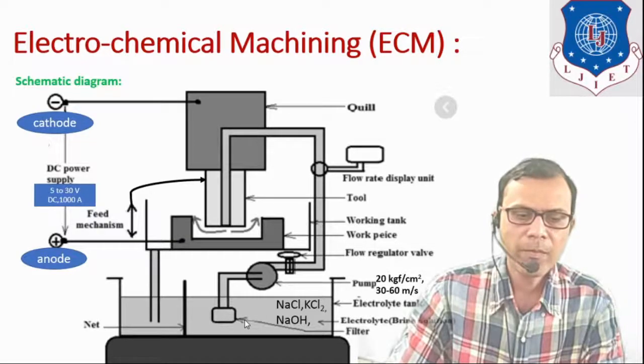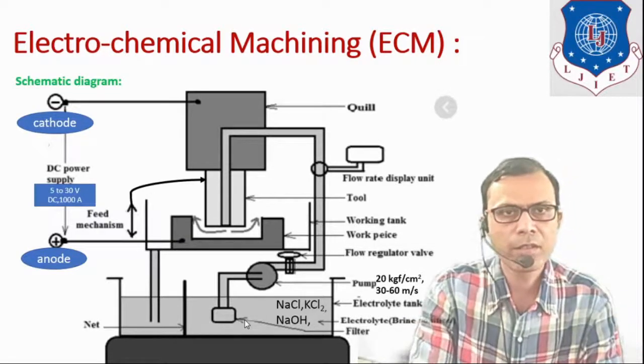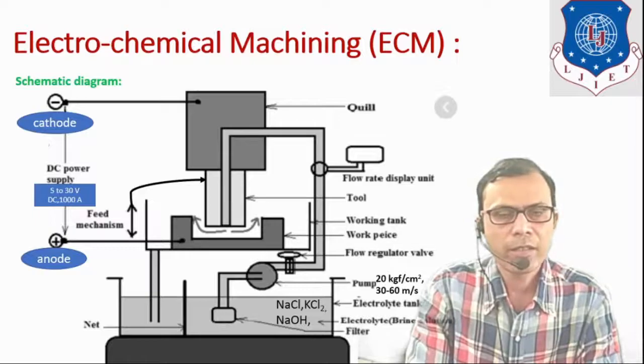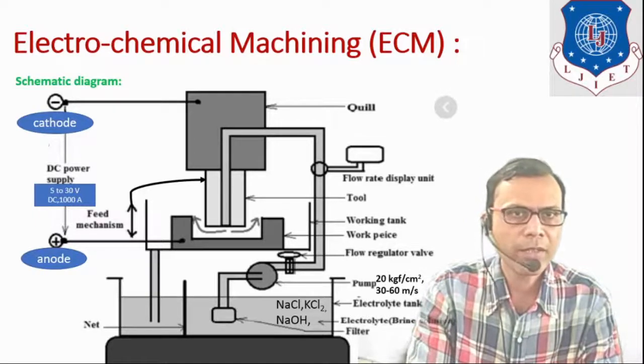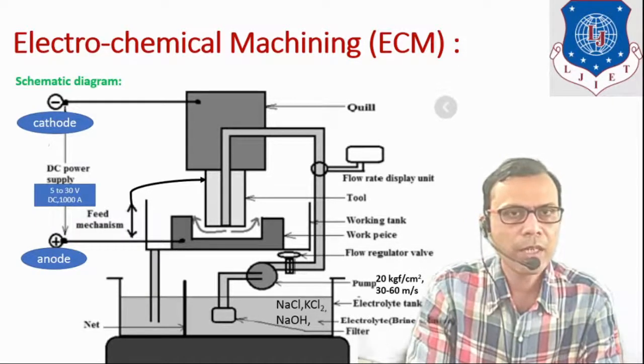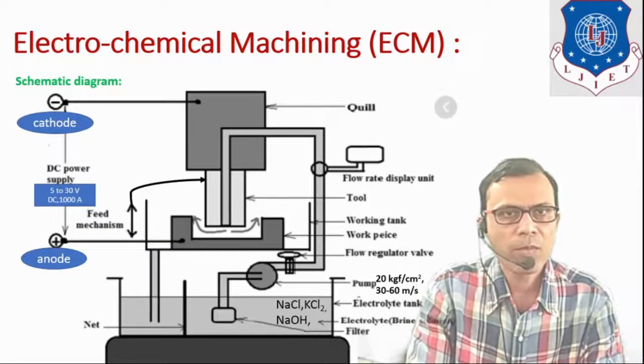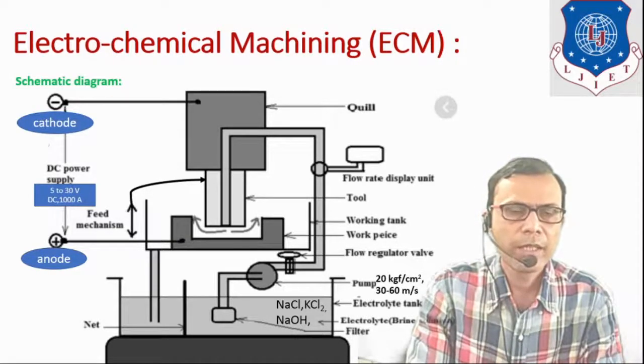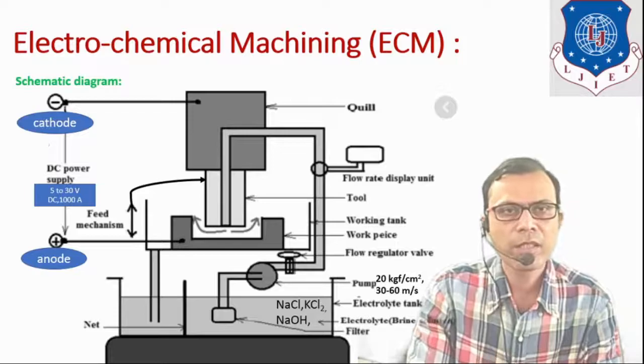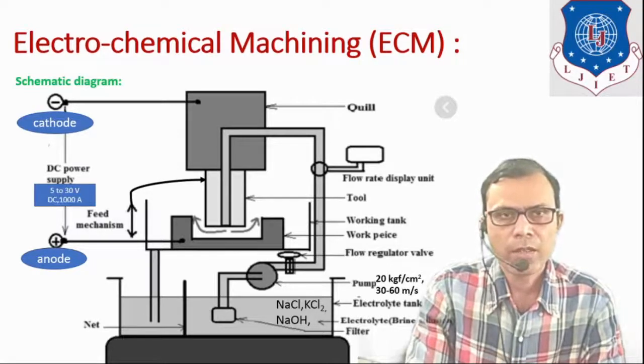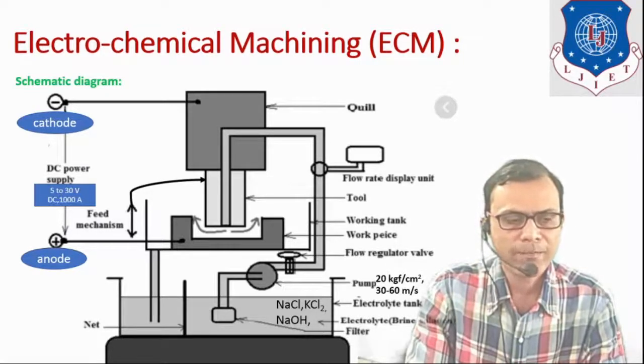The medium which is used here is electrolyte, and it is a conductor of electricity. Generally used electrolytes are sodium chloride, which is also known as brine solution, potassium chloride and sodium hydroxide.